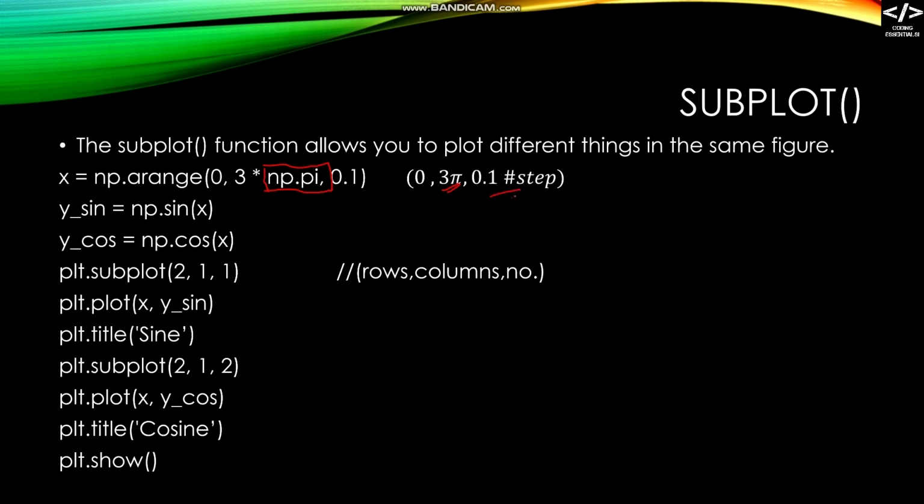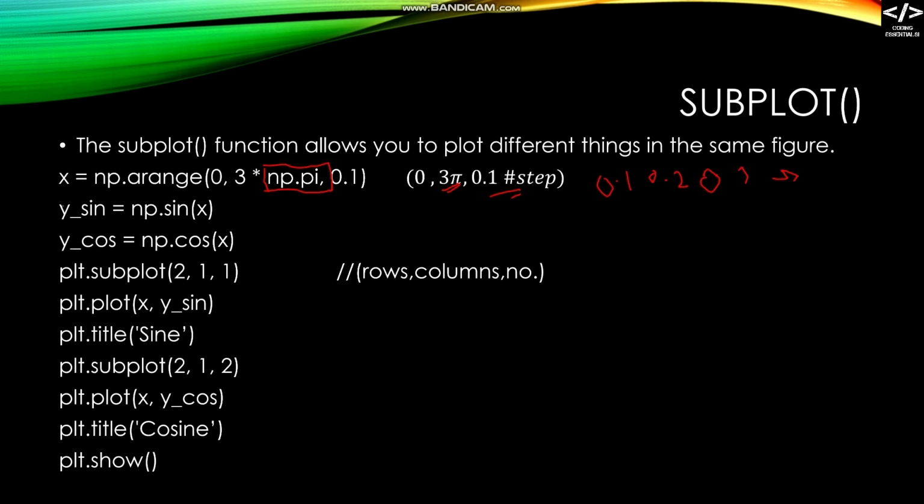So 0.1 is the step, so it will include 0.1, 0.2, 0.3 and so on till 3 pi. The smaller the step, the smoother the curve.